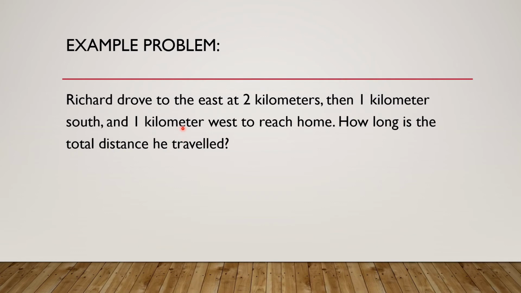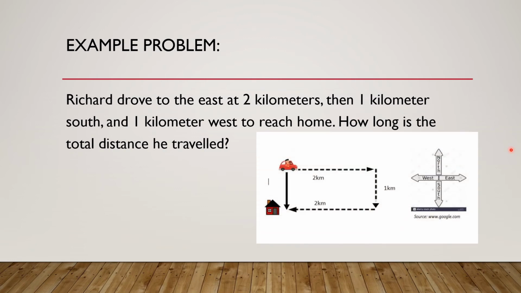So, paano natin makukuha ang distance? Anong magiging formula natin? Typographical error, that is 2 kilometer. Dalawang 2 kilometer, isang 1 kilometer. So, ito yung initial position ng car.